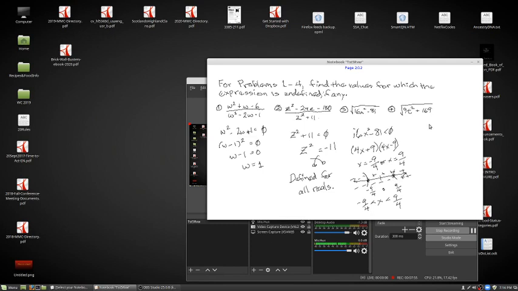So let's look at the next one here. We want 9t squared plus 169 is less than 0. Well, first of all, this isn't even going to factor. But if we look at it, we'll have that 9t squared is less than negative 169.